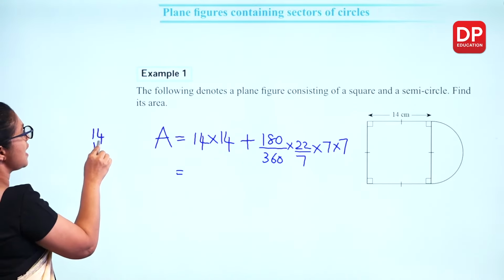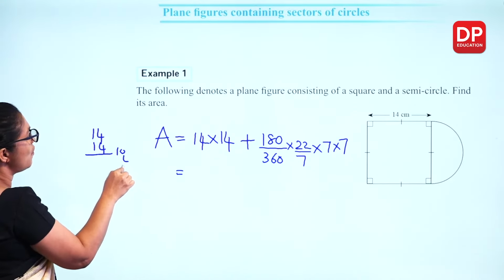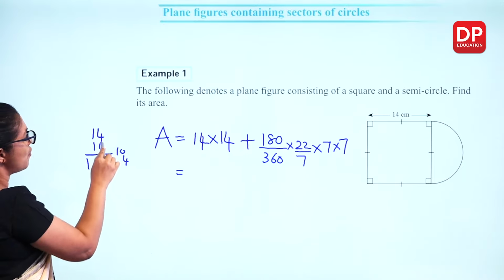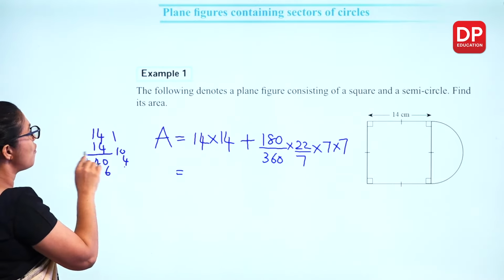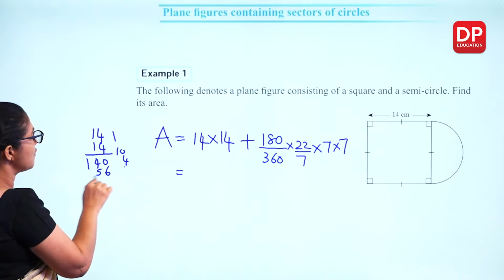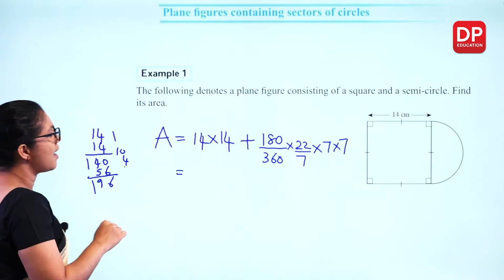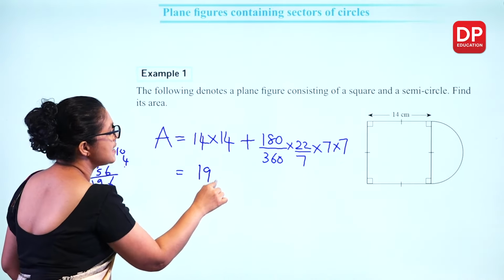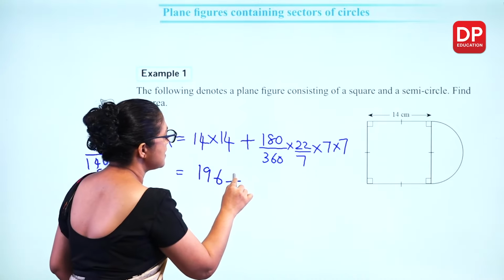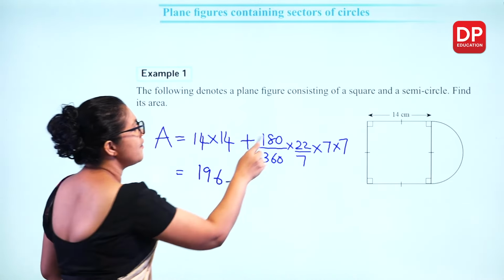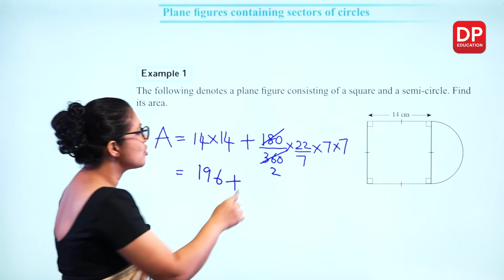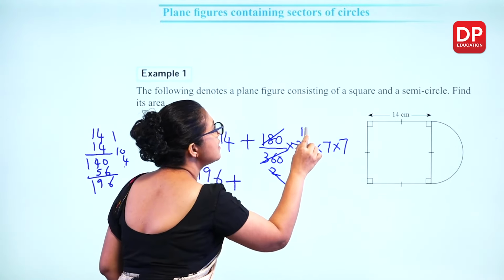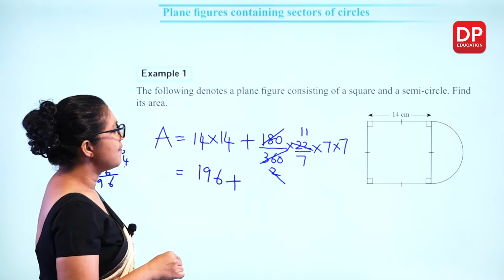Now simplify this. What is 14 times 14? 10 and 4. You get here 4 times 4, 16. 1 remaining, 4 times 1, 4. 4 plus 1, 5. So when you add, you get 196. So what's this part? 180 times 2 is 360. 2 and this 21, you get 11.